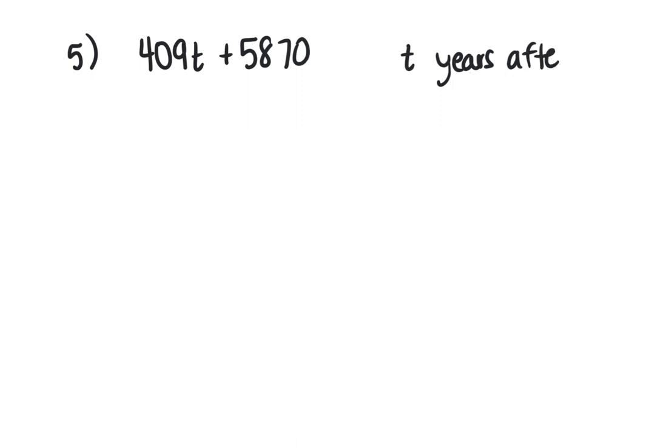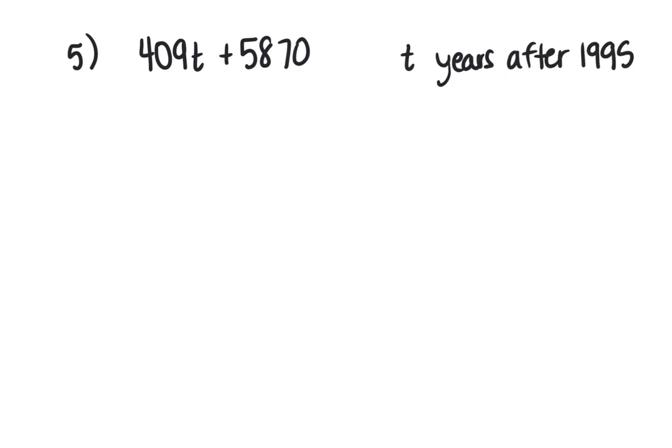All right, question 5, we are given a formula, 409t plus 5870. And here, t is the number of years. In my problem, it's after 1995.